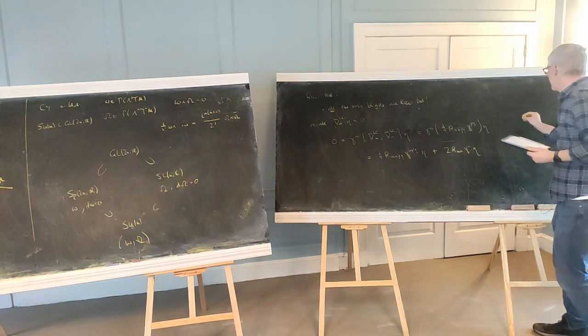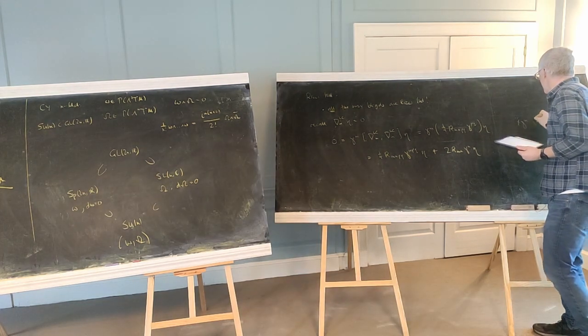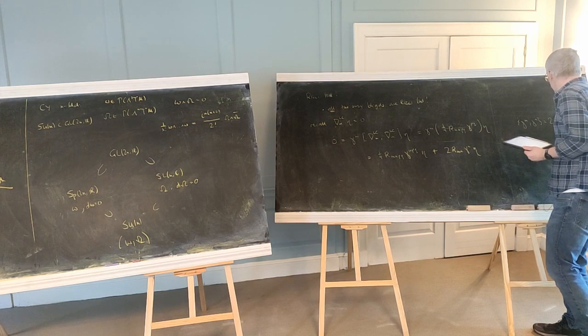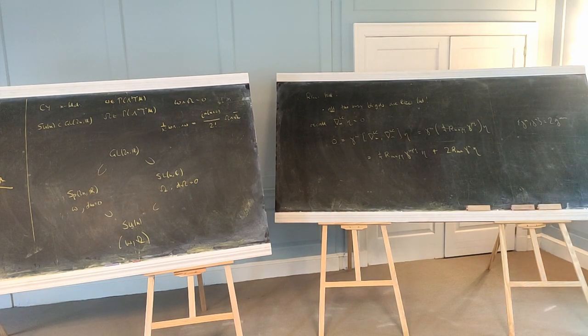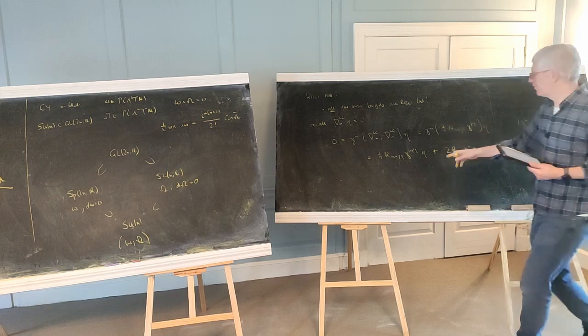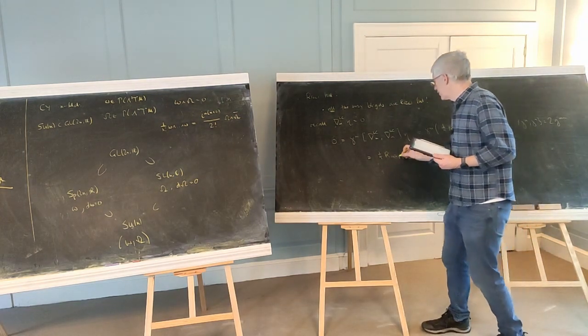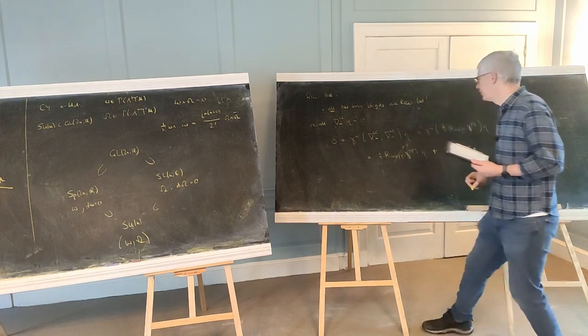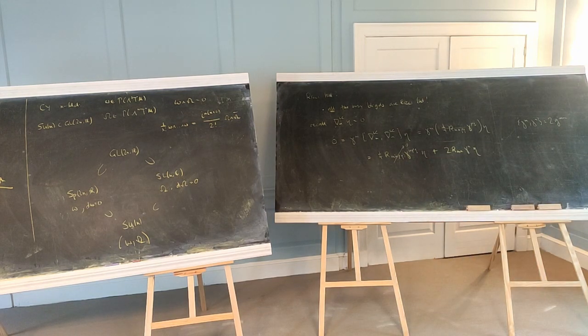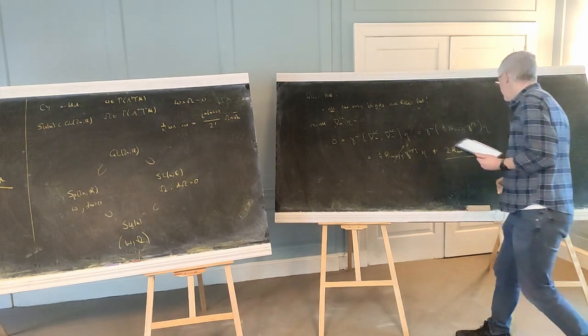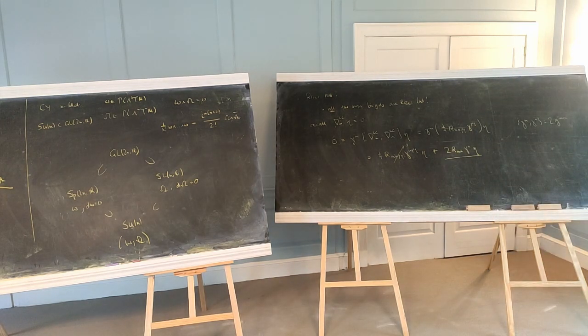I'm basically using here the fact that gamma_m gamma_n is 2 g_{mn}. But this first term is anti-symmetrized on these indices, and that's 0 for the Riemann tensor. So I just get this, so that has to be 0.